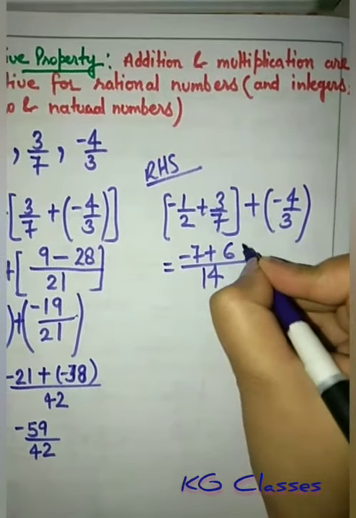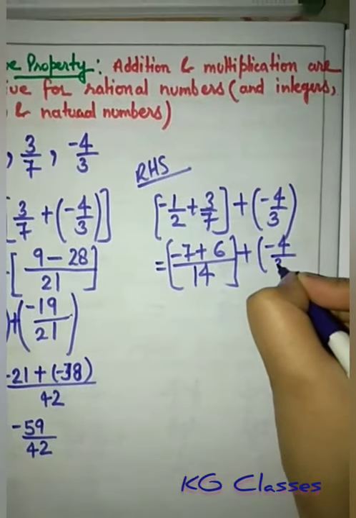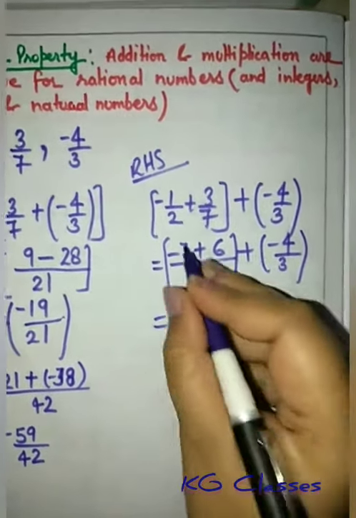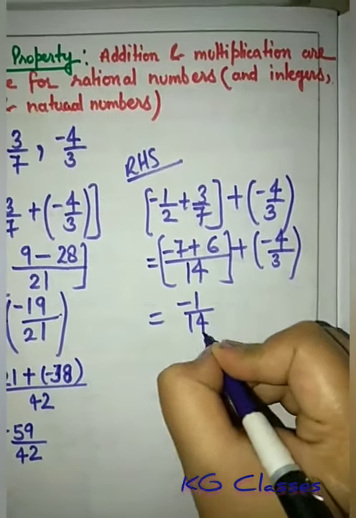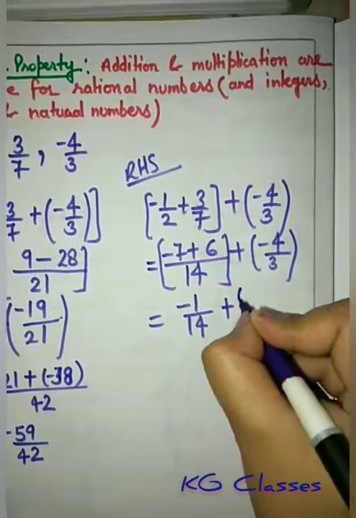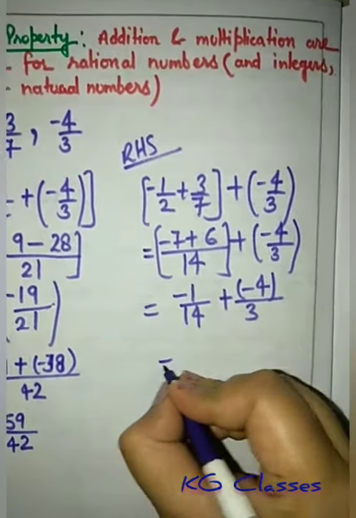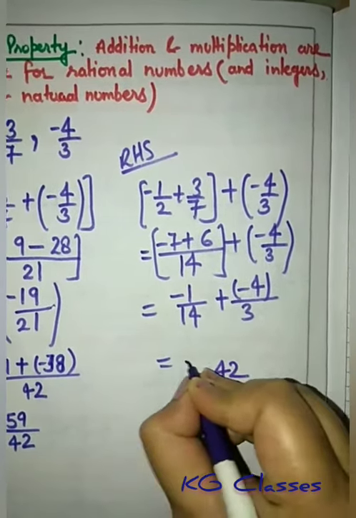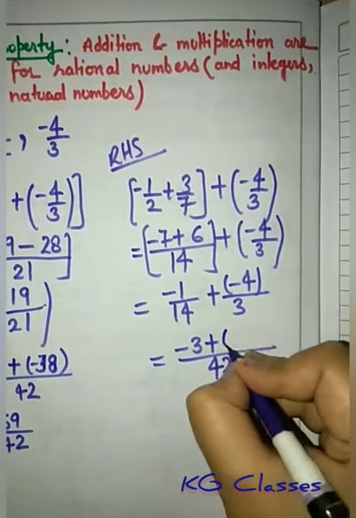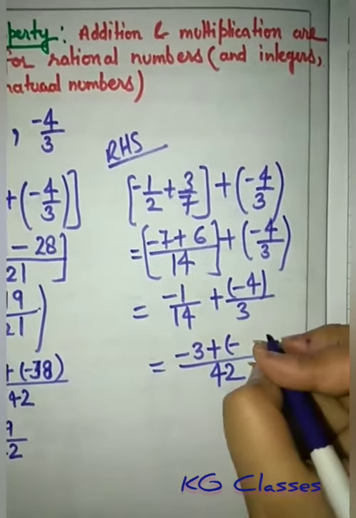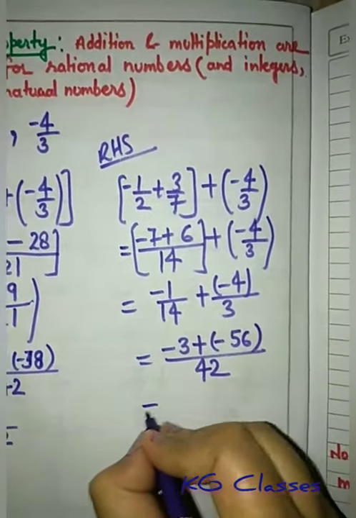2 3s are 6. Here we will have now 7 minus 6. How much will we get? Minus 1 upon 14 plus minus 4 upon 3. 14 3s are 42. So here we have 3 plus minus 14 4s are 56.